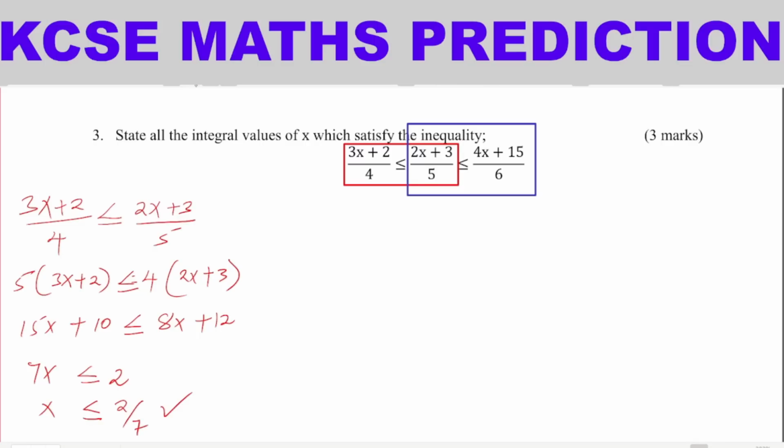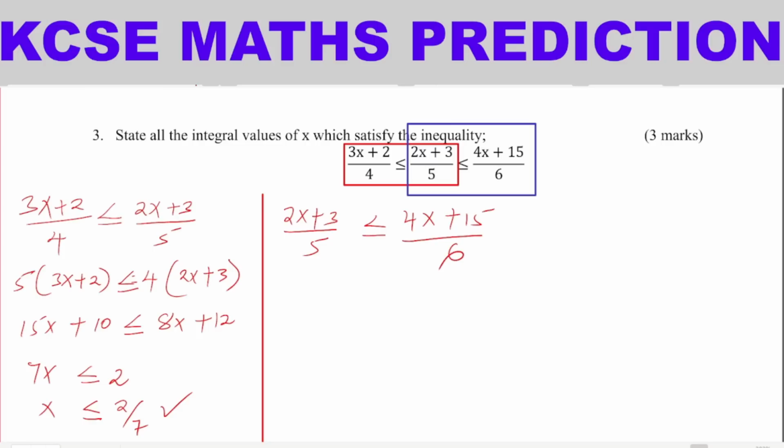So we go to the other one. Let's go to the other inequality. So the other one is 2x plus 3 divided by 5 less than or equal to 4x plus 15 divided by 6.